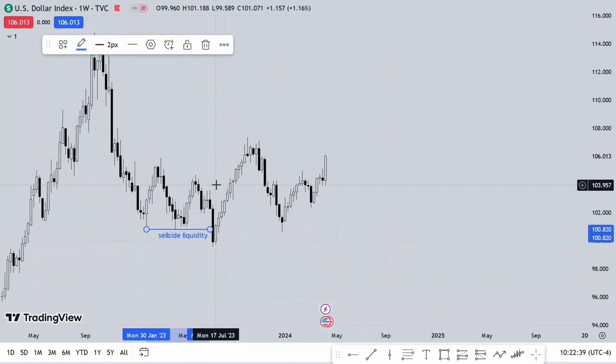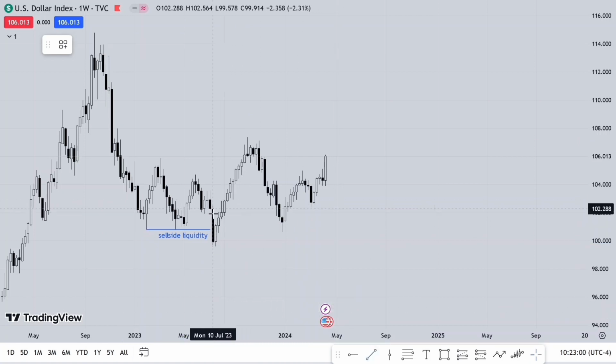When price traded down below this, smart money was buying all of these down close candles, these black candles. Because smart money was buying, when it rallied higher, it confirmed that this is the bullish order block here.